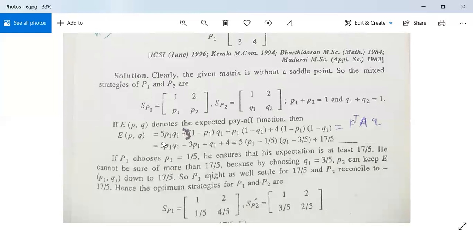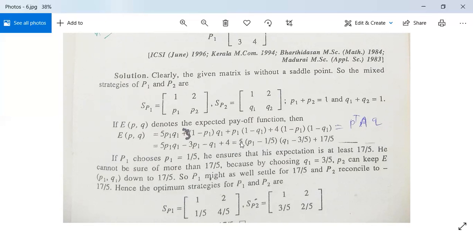So its value comes out to be equal to 5 P1 Q1 minus 3 P1 minus Q1 plus 4. It can be written as 5 P1 minus 1 by 5 into Q1 minus 3 by 5 plus 17 by 5. If you open this one, you will get this one.